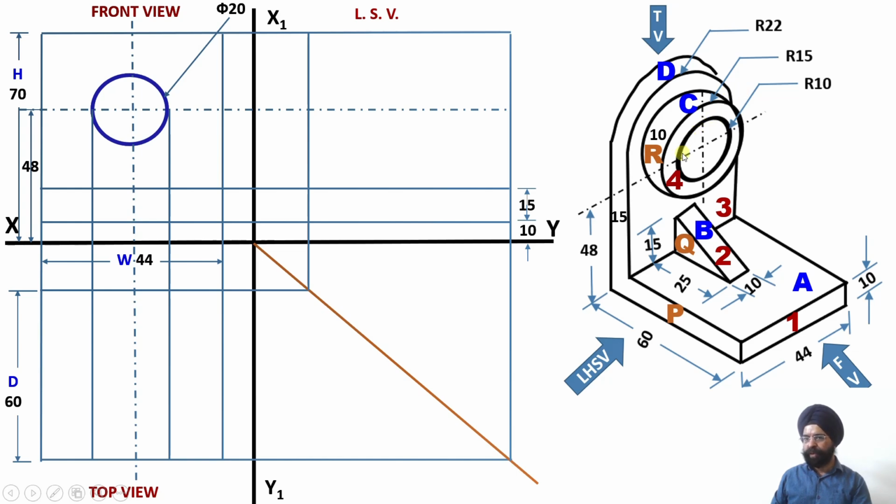But once I have drawn this particular circle regarding the inner hole, automatically I have to project these projections first of all in the top view, and I need to draw them even in the left side view. Why? Because while I am drawing the top view, this hole will not be visible from the top. So I am going to get a dotted line over here corresponding to this portion.